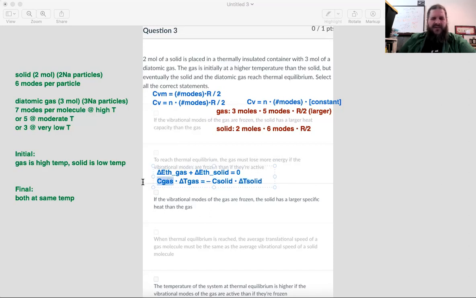Because the heat capacity of the gas, more modes basically just means it's more difficult to change the temperature. Because to change the temperature, you've got to change the energy per mode by a fixed amount. If there's more modes, you've got to change the energy more in order to get the same temperature change. So more modes means it's more difficult to change the temperature. If the vibrational modes are frozen, does that mean it's easier or more difficult to change the temperature?